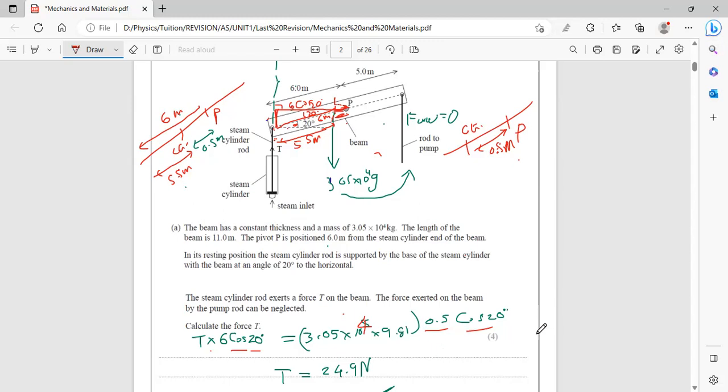Yeah, what's the value you got? 24,900. What about the others? What are you guys getting? Yes, I get the same answer. 24,900, yeah, same answer as you said.